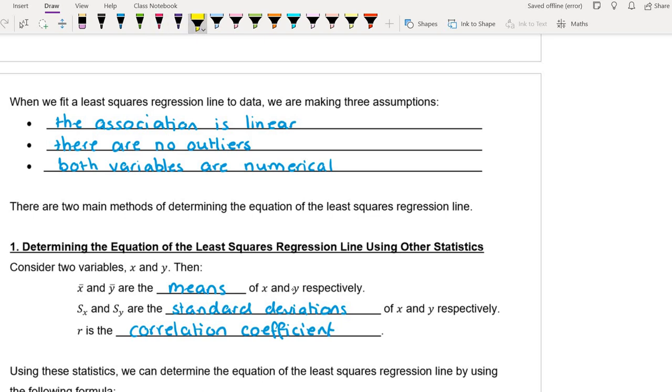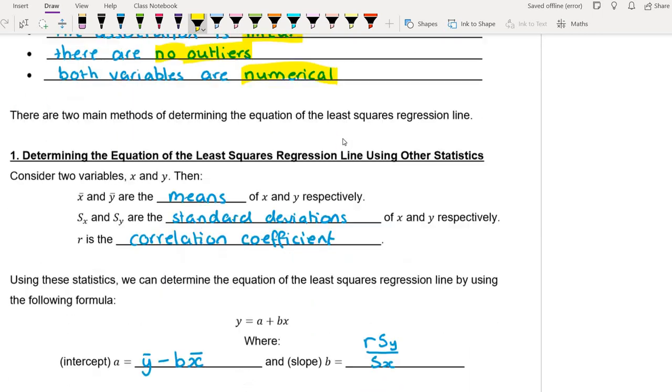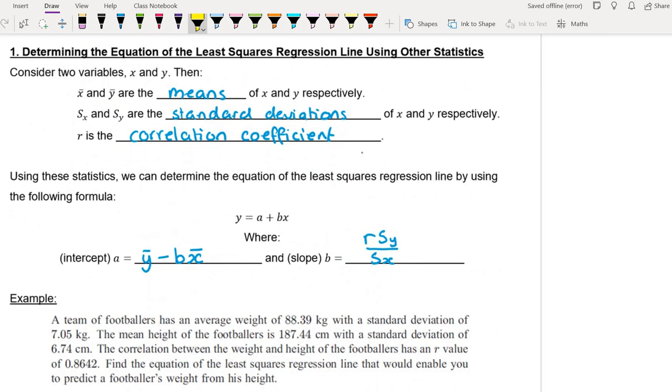We're assuming that it's a linear trend, the association is linear, there are no outliers, and we're using numerical variables for both x and y. As you might remember from last year, the equation that we'll use for this line is y equals a plus bx.